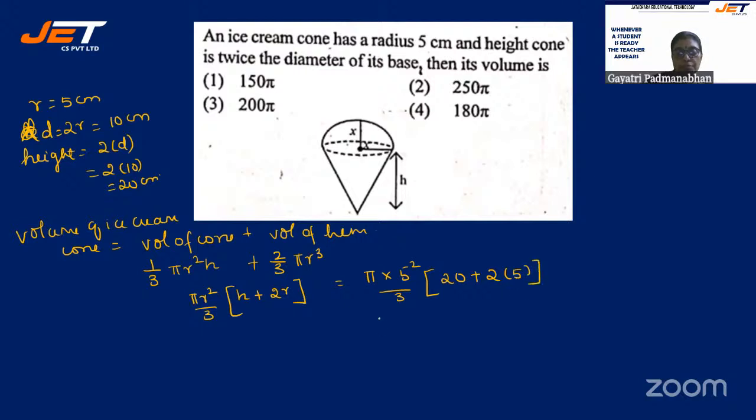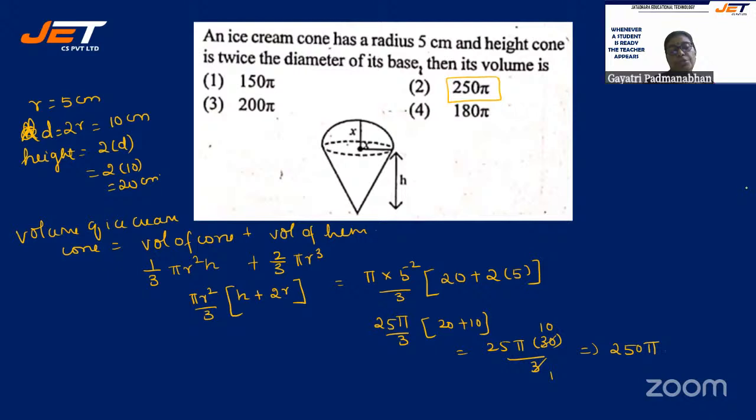So 5 square is 25 pi by 3 into 20 plus 10. So 25 into pi into 30 by 3. 3 tens are 30, which will give you 250 pi. So your answer must be 250 pi.